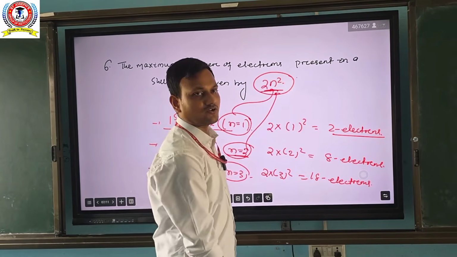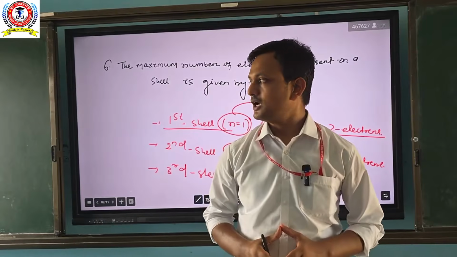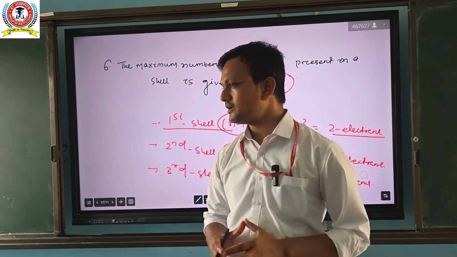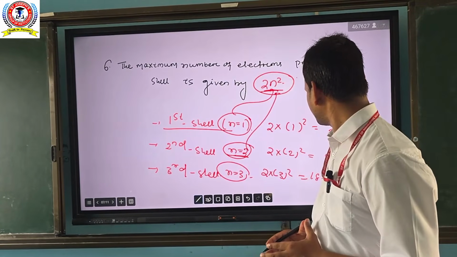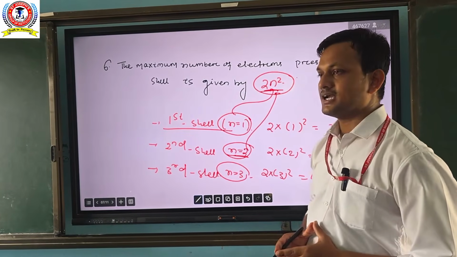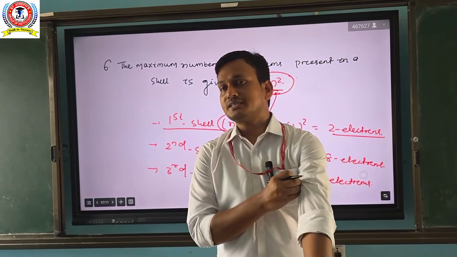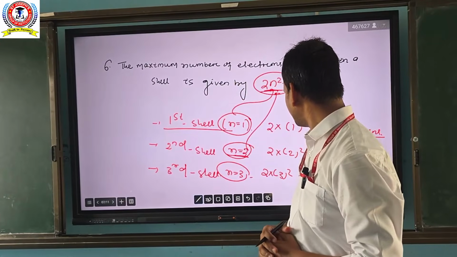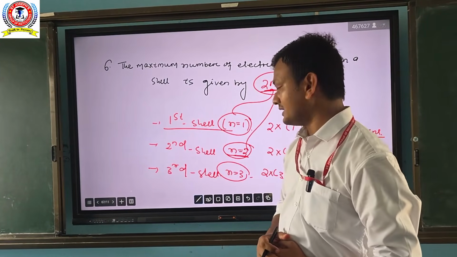That means I confirm that in the first shell 2 electrons are present, in the second shell 8 electrons, and in the third shell 18 electrons.